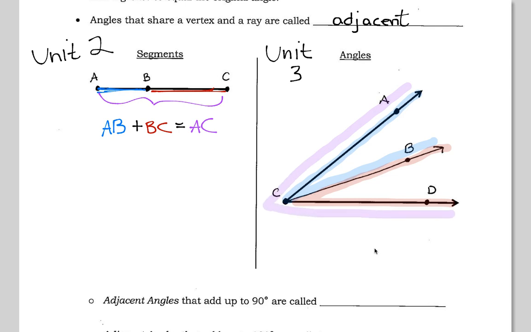So let me slow down and write that out. Angle ACB, that's that top angle, plus angle BCD equals angle ACD.